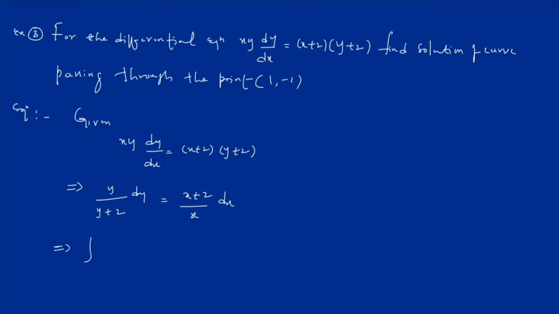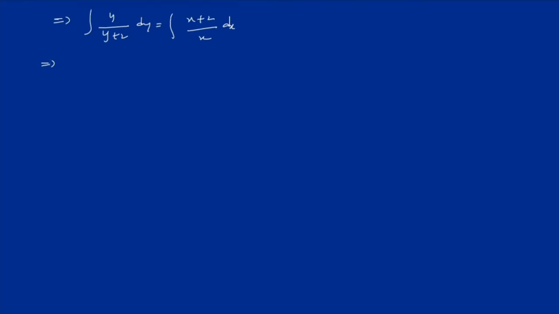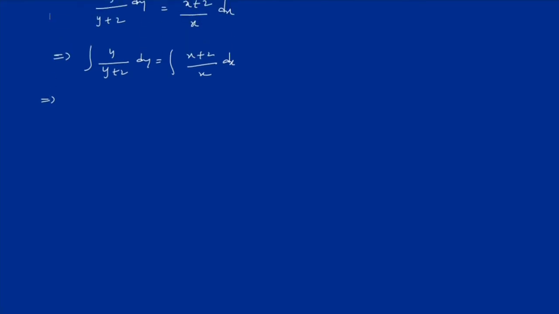Now integration of y upon y plus 2 dy, integration of x plus 2 upon x dx. So the next step what we can do here, in the first term we are adding plus 2 and minus 2.